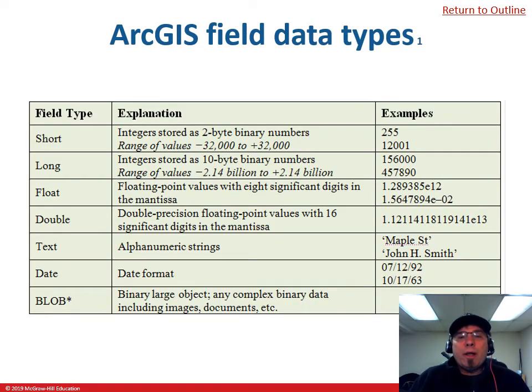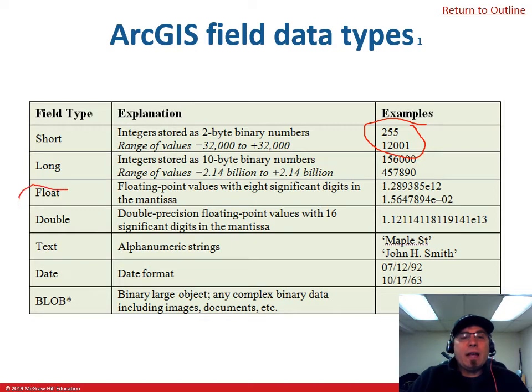So without going into gory details about all this, here are the various field types that you're going to see in GIS. You have short, which is anything from 255, you'll see the examples. I'm not going to go into huge detail on this. If you have really short numbers, let's say an address, those are small numbers, for an address field you can use short.